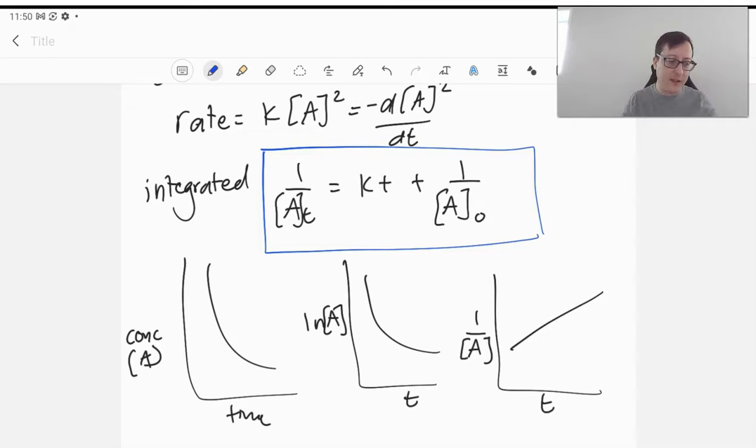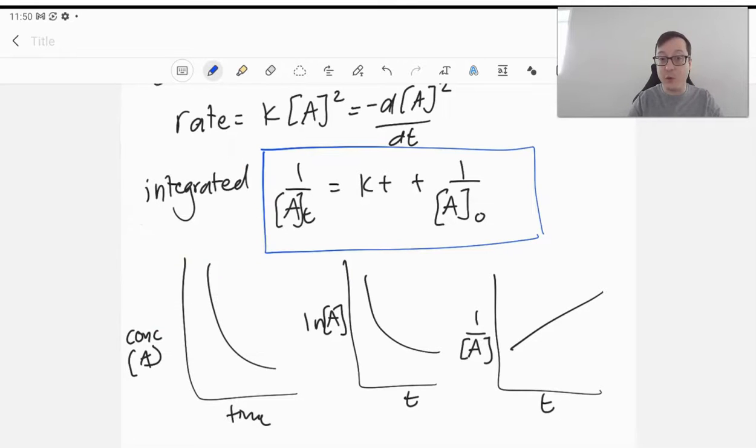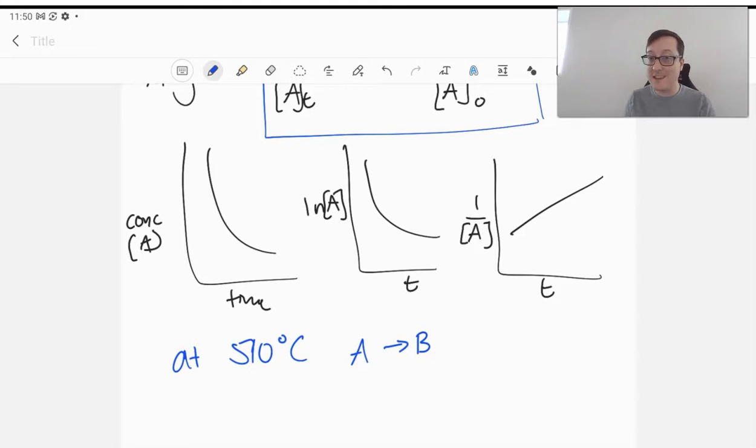And just like before, we can use this to determine the concentration at a given time, given our starting concentration. So let's take our same example from before. At 510 degrees Celsius, A turns into B, and again, we're going to say it's now second order, because why not? We can have fun with it.